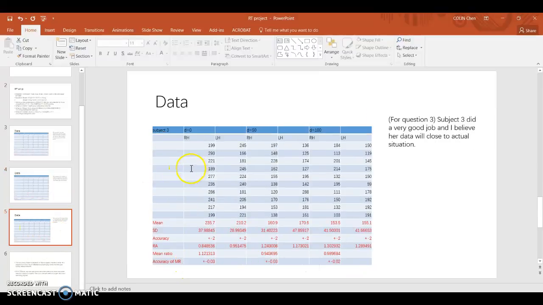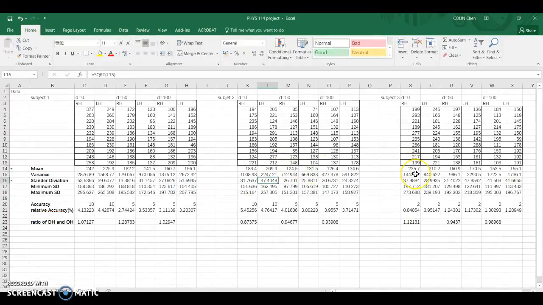For subject number 3, the mean value is the same: add them together and divide by 10, and the standard deviation detail is here. I also get the variance first, and then take the square root of the variance to get the standard deviation.